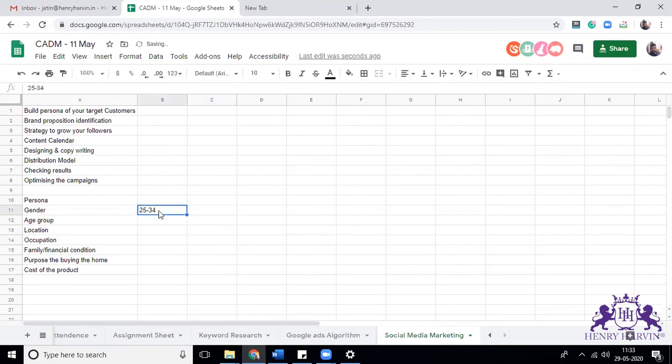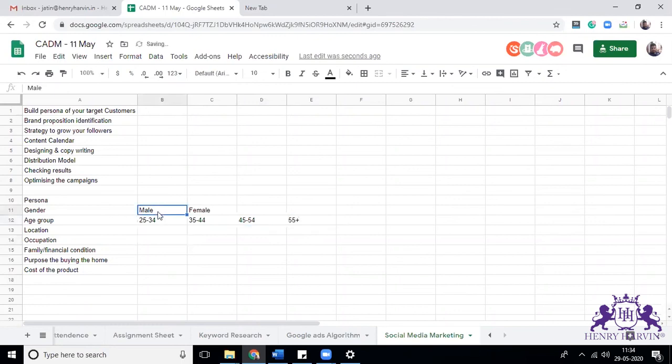Second, gender, so primarily they are male, female. Age group is this, then 35 to 44 is a different age group. Then 45 to 55 are buying for different purposes. So why we are differentiating is because the purpose of buying the product is very different.